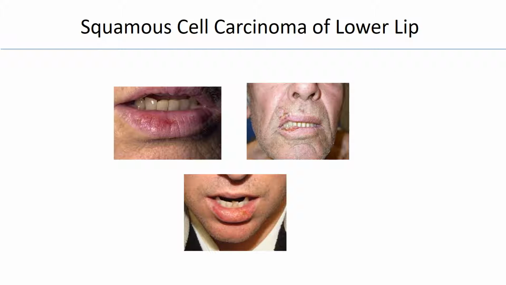Again, people who work outside, make sure that you recommend that they use an SPF on their lips. Also if they golf a lot, if they're farmers, anybody like that, always suggest that they wear a sunscreen on their lips.